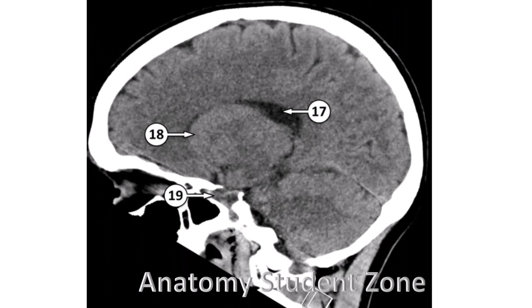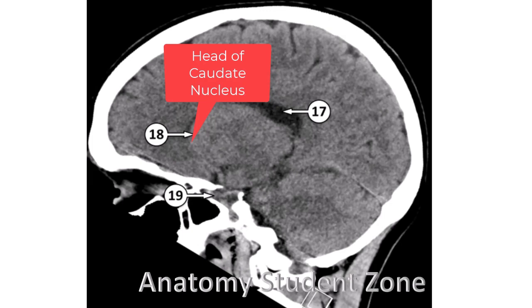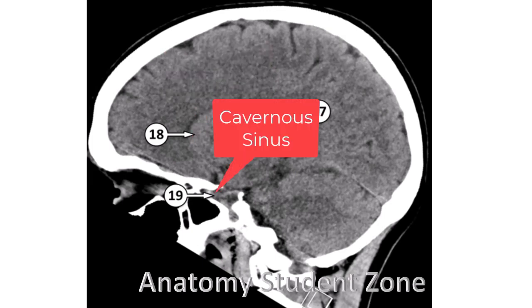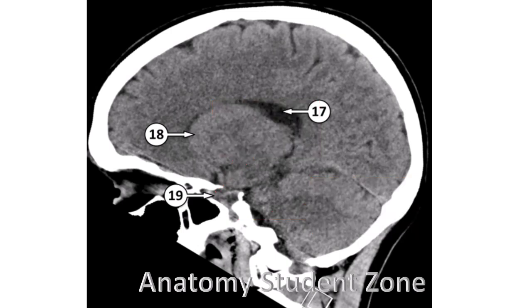This is going to show number 17 as in body of a lateral ventricle, 18 as in head of caudate nucleus, but we are concerned with 19, that is cavernous sinus. So you can also observe a pituitary over here, and again we can see the cavernous sinus is linked to that of pituitary. It's located on either side of it. So we have observed cavernous sinus on a CT in different cross sections.